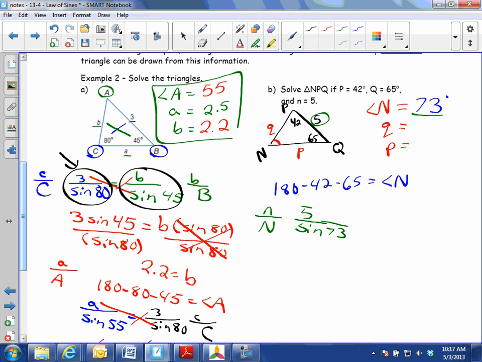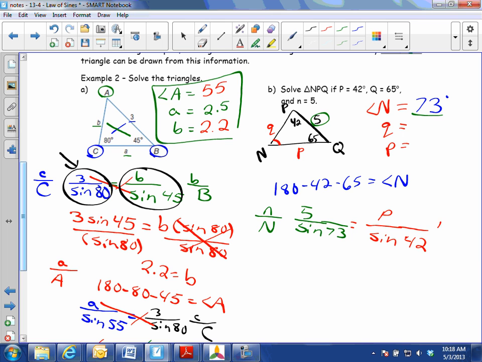And then do you want to find p or q? It doesn't matter. Which one first? P? All right. So am I going to go p over sine of what? What are we going to do? P over sine of 42.